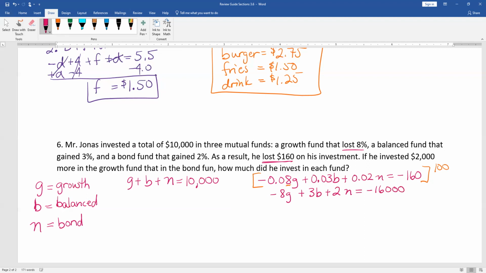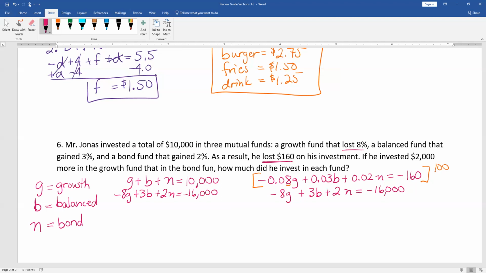And we get -16,000. All right, there's my second equation. I'm just going to put it right over here. -8g plus 3b plus 2n equals -16,000.